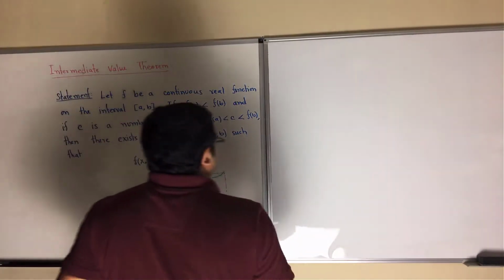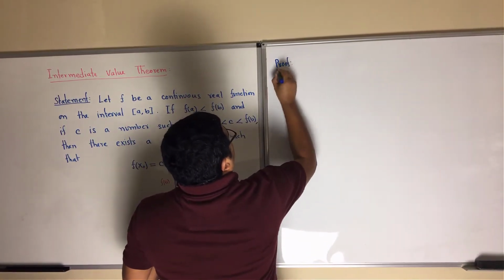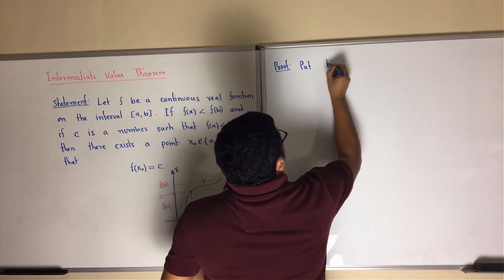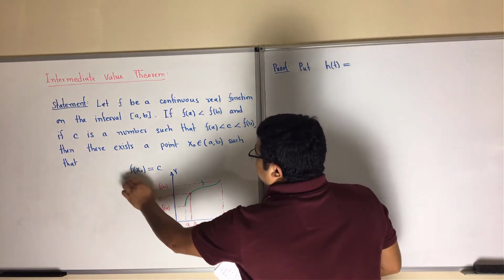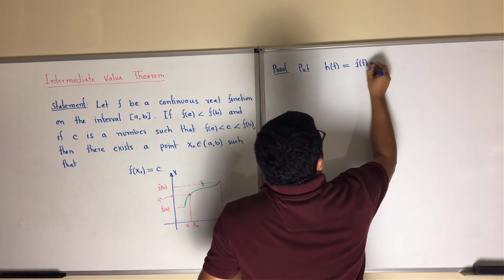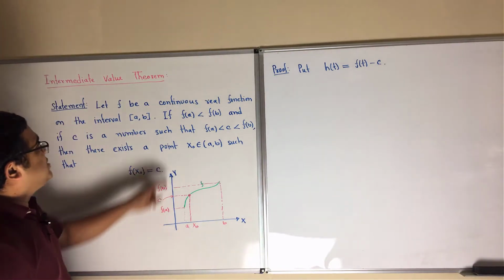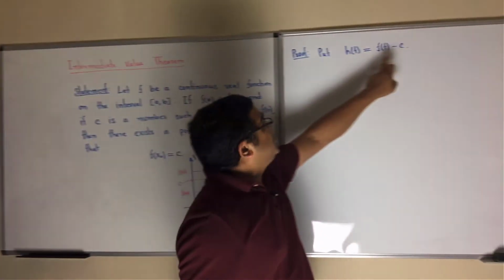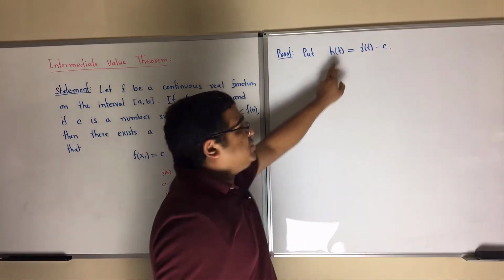So, to prove the theorem, what we will do is put h of t. We assume h of t is f of t minus c. Now, since the function f is continuous and c is a constant, f of t minus c would be continuous, that means h of t would be continuous.